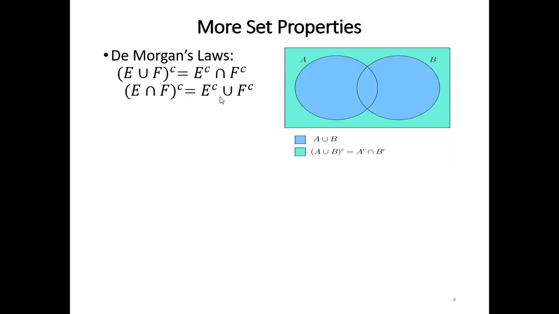So you can try to see some of these things here. If I have A union B as these two sets shaded in blue, then A union B complement would be this sort of turquoise colored area, which is A complement intersected with B complement.